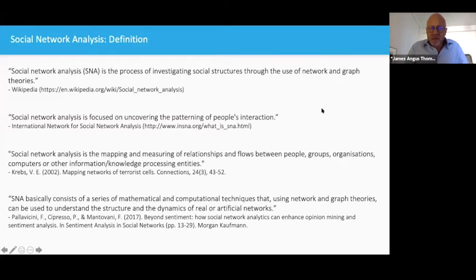Essentially, this approach is understanding social structures through the use of network and graph theories. So it's really mapping and understanding how we interact. And my other take-home message is it's interesting and important to understand how people interact with content on social platforms, but it's probably more interesting and more important to understand how they interact with each other, just as it is in the real world.